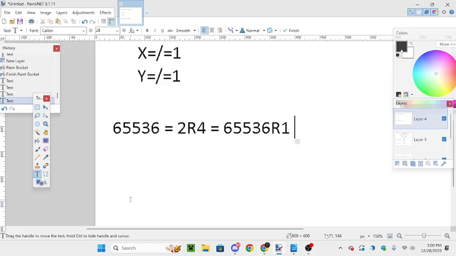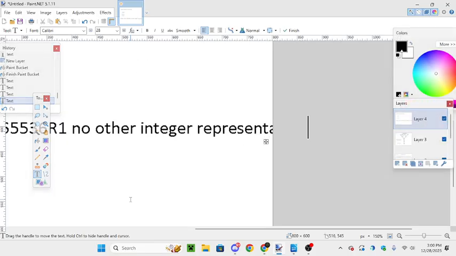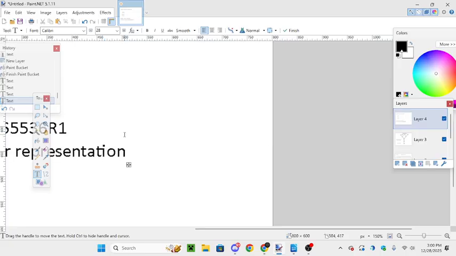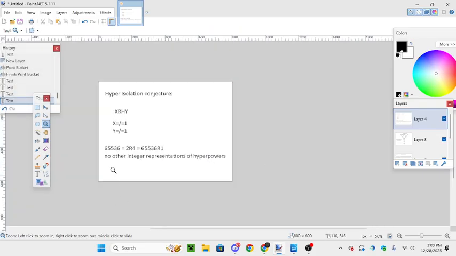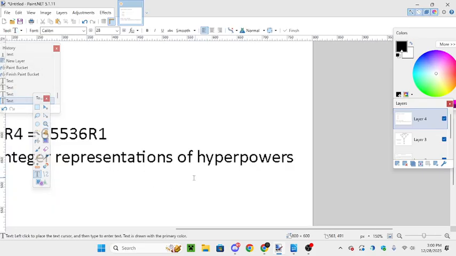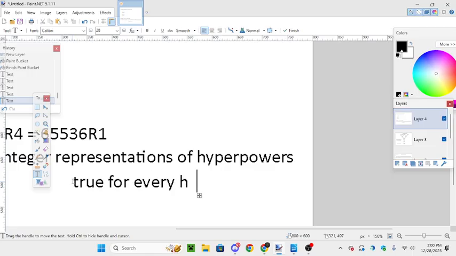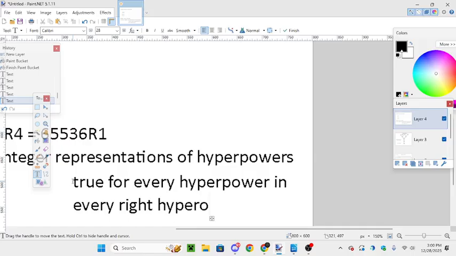There are no other integer representations of hyperpowers. And I am saying that this is true for every hyperpower in every right hyperoperation.